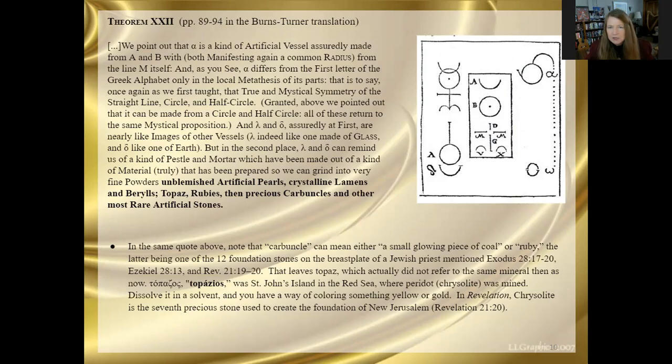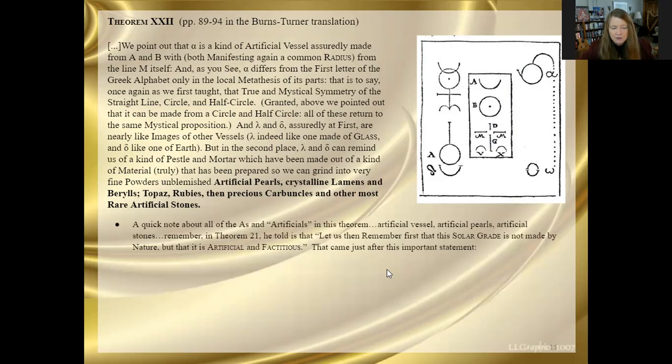So unless we want to be totally doctrinaire about scripture, which I have no interest in being, it's easy to assume a similar thing is going on there with what is going on in Greco-Egyptian Hebraic Christianized alchemy, like we have talked about in those works of Zosimos, that having it be the seventh precious stone to create the foundation of New Jerusalem is saying that that foundation is gold or colored gold or representing high spiritual attainment. And remember, that is supposed to be existing while you're still alive, even though most people are not aware of it. All right, we're going to keep going on here.